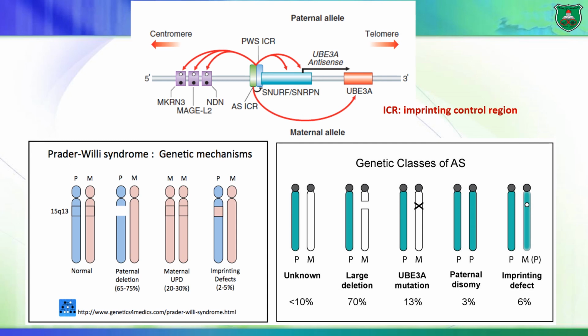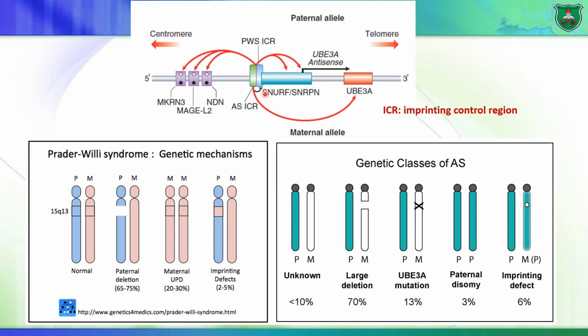So what is the mechanism behind having either one of these syndromes? It's all related to that region on chromosome 15. There is a regulatory sequence known as the imprinting control region. This region controls expression of genes.